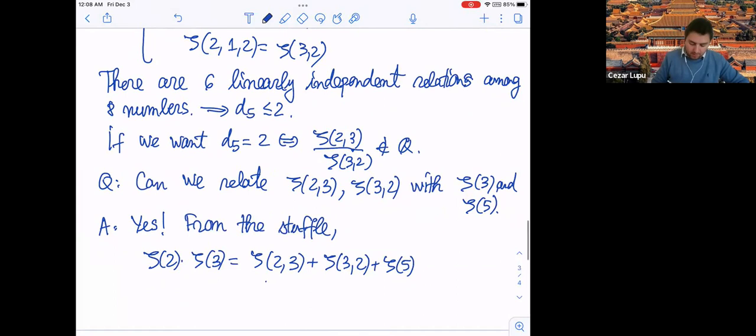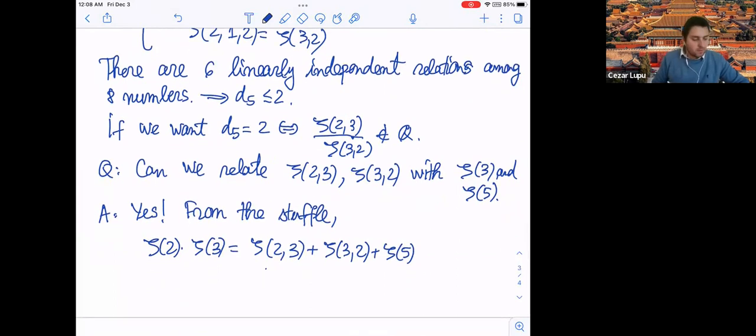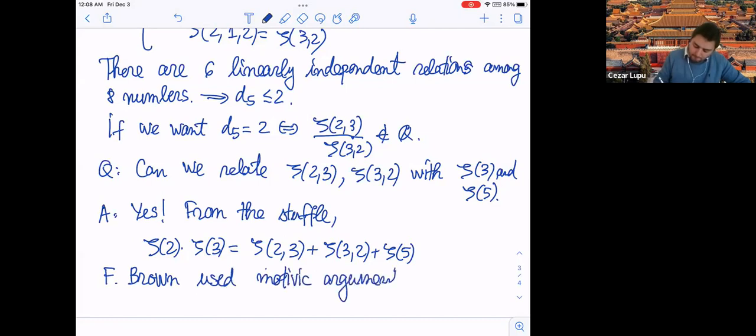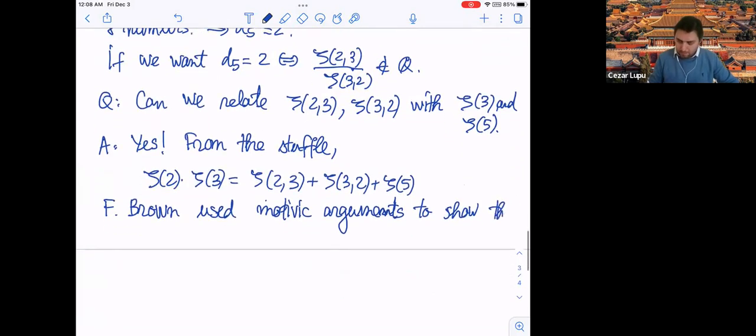And in fact, Francis Brown used motivic arguments to show that zeta of 2, 3.